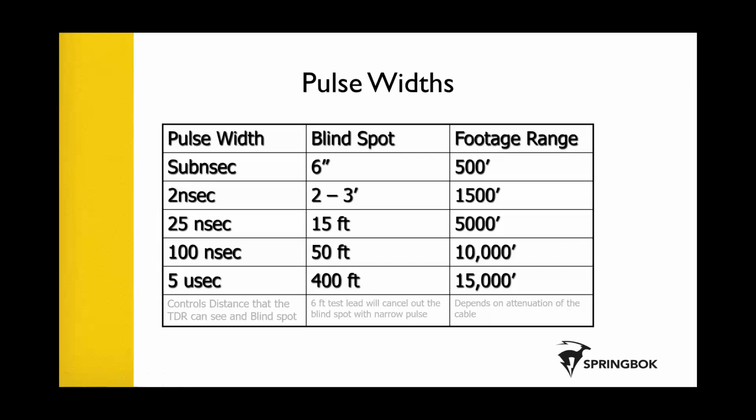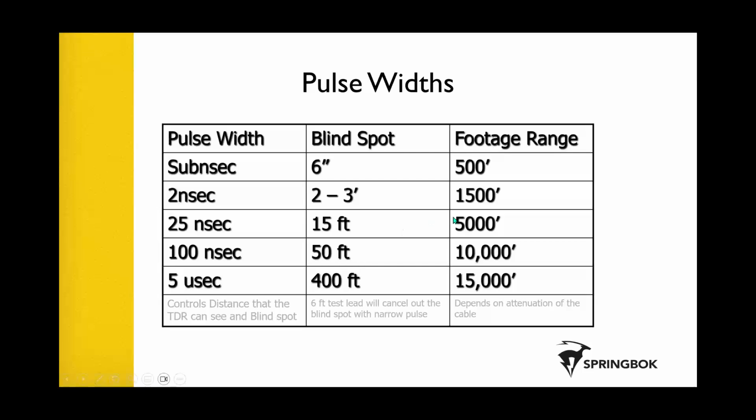I do in other industries, right? But also understand this. What if you do have a water-saturated cable? If you do have a water-saturated cable, you should think of your cable signal as, maybe I'm going to need more power to get through that, right? So sometimes you may need a 25 or 100 nanosecond pulse width to push through a lot of crap on your line. So we understand maximum footage range.